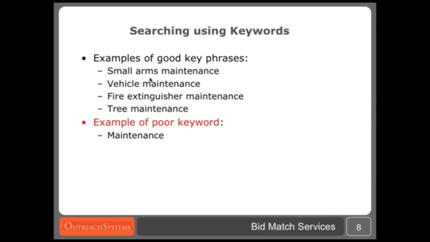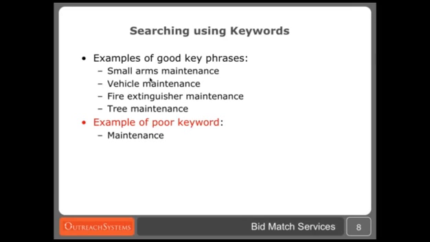Here are some examples of good keywords. Small arms maintenance. We know exactly the type of maintenance the client is doing. Vehicle maintenance. Again, it hones in exactly the type of maintenance that the client is interested in. Fire extinguisher maintenance. Very good term. Tree maintenance. You can see that these 4 different variations of maintenance would give completely different bid results.